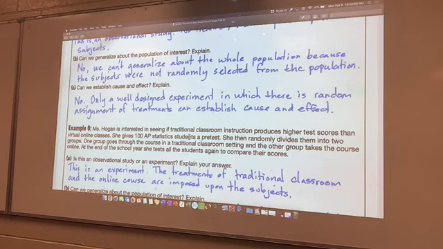Can we generalize about the population of interest? It's one class, one school. That's right. Randomly selected from, remember, it has to be all of them.